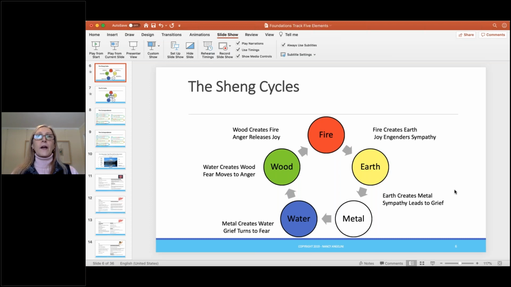Okay, fire: spark, flame, light, heat, embers, connectivity, right? Summer, blossoms, relationships, right? Creativity, spontaneity, fun, joy, right?